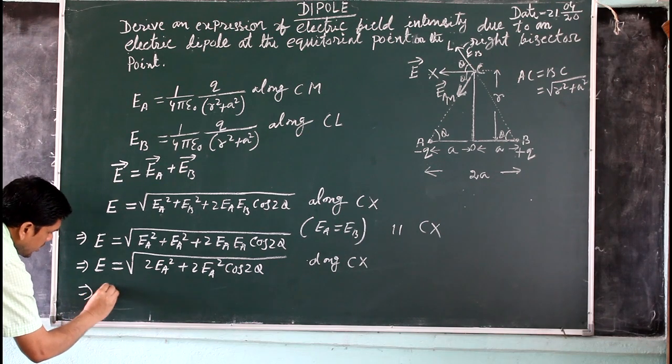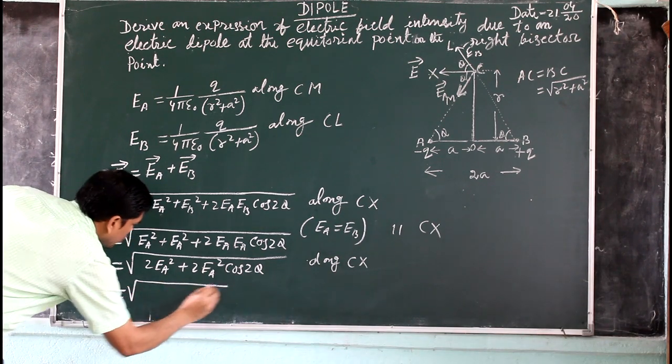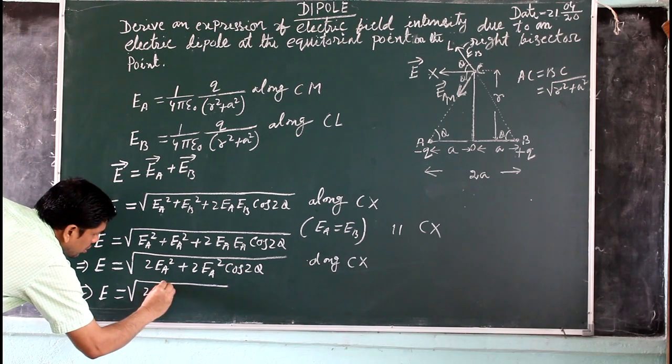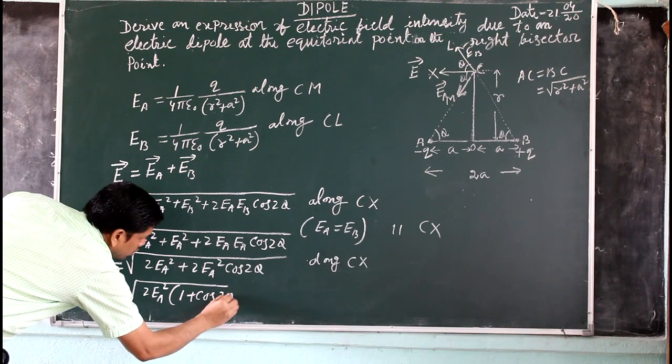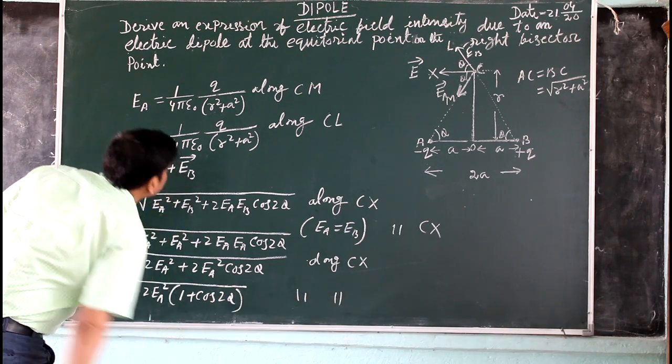So E equals root over, taking 2E A square common, 1 plus cos 2 theta, along CX.